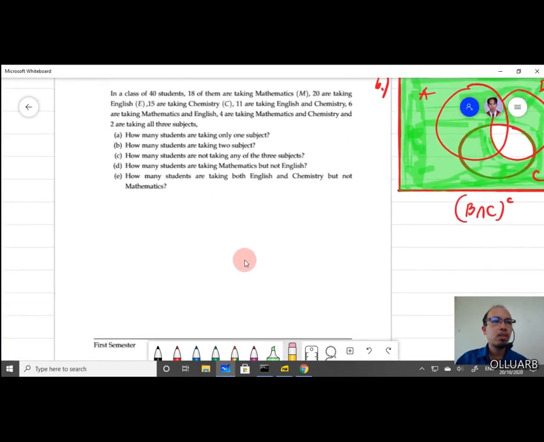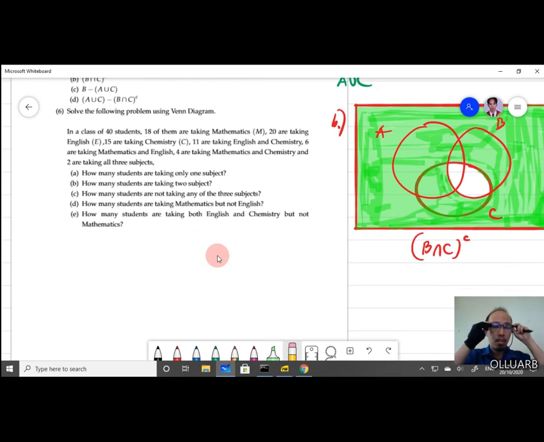Okay, so for the last problem, let's try this color. Number 6 solution. In a class of 40 students, 18 of them are taking mathematics.